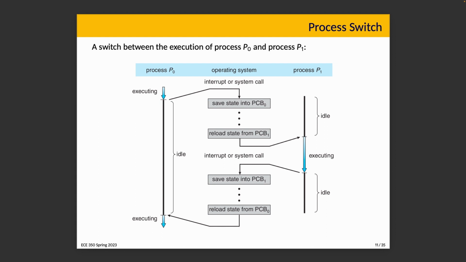We have an interrupt or system call, and the operating system is responsible for handling this interrupt. It's a trap. And waking up and saving the state into process control block 0. And then there's those 3 dots in between save state into PCB 0 and reload state from PCB 1.